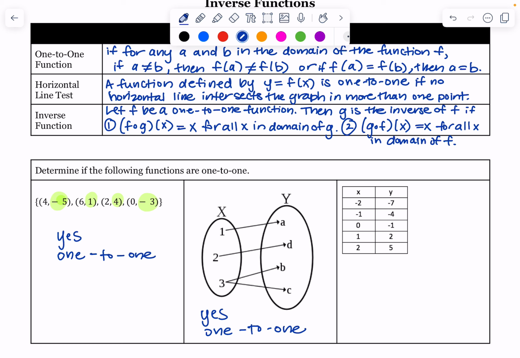Lastly, I have this table, -2, -7, -1, -4, 0, -1, 1, 2, 2, 5. Again, no outputs are repeating, so this one is also one-to-one. I meant to put an example of one that's not one-to-one, but that's okay. It would not be one-to-one if I had like 3, 5, because we have 2 5s here.